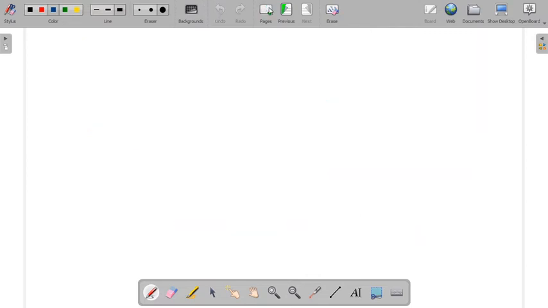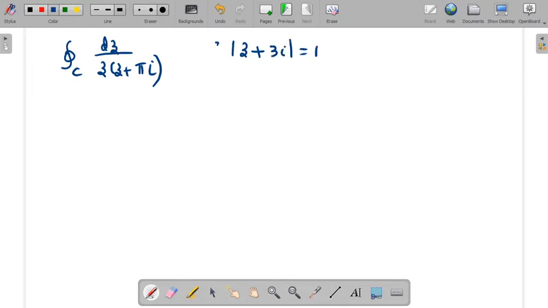Now consider the integral over C of dz divided by z into z plus pi i, where mod z plus 3i equal to 1 is the curve C. So C is given to be the circle whose center is minus 3i and radius is 1.